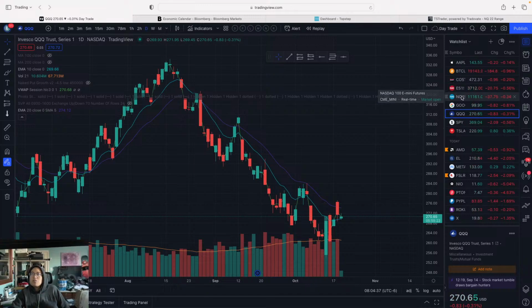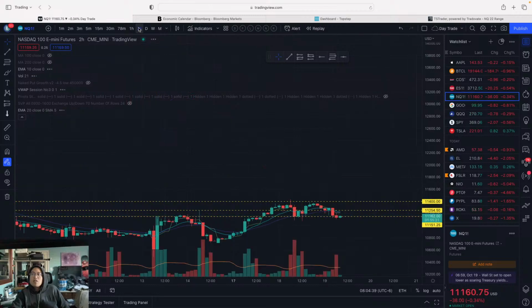So let me just jump into NQ, pop into the 2-hour. Look, the horizontal lines are working, y'all. How fun. Okay, so anyways, we could be forming a double top here, and we just need to get below 81 to really get a confirmation there.